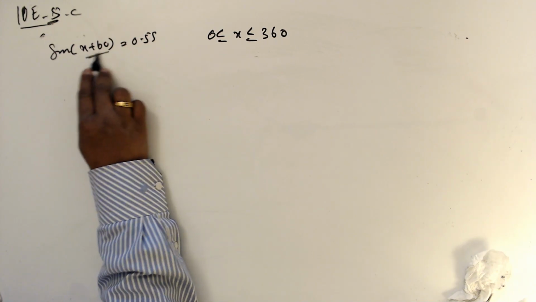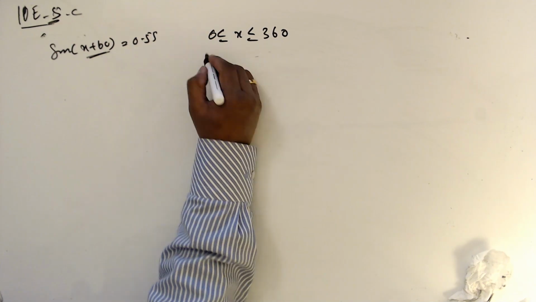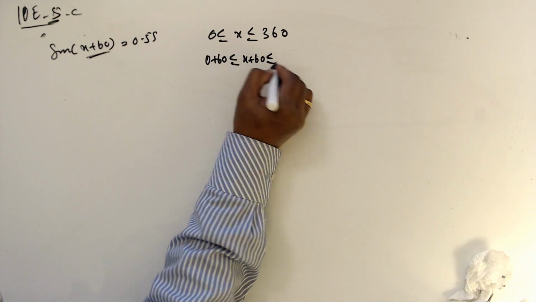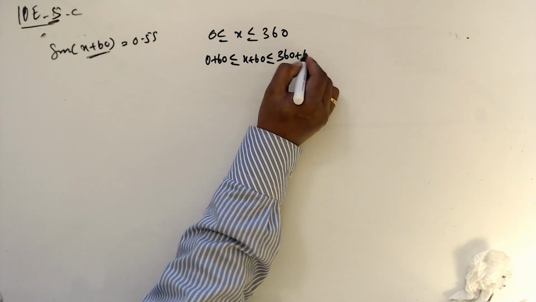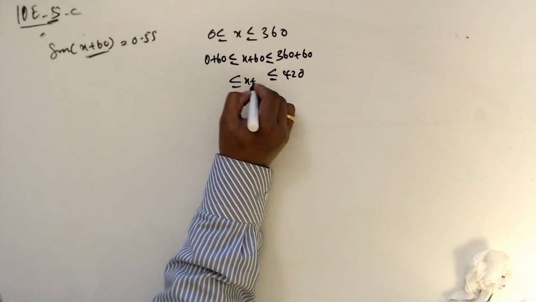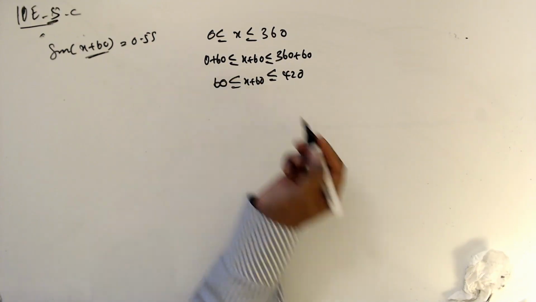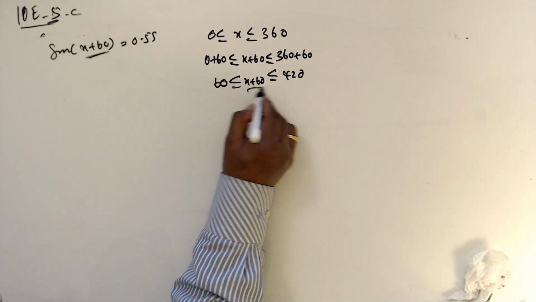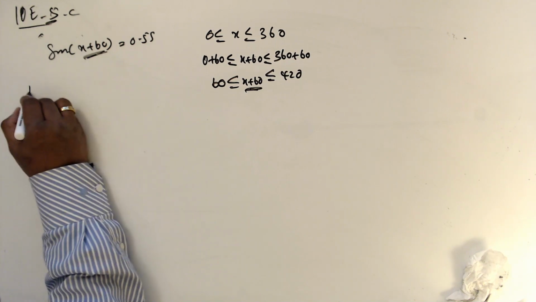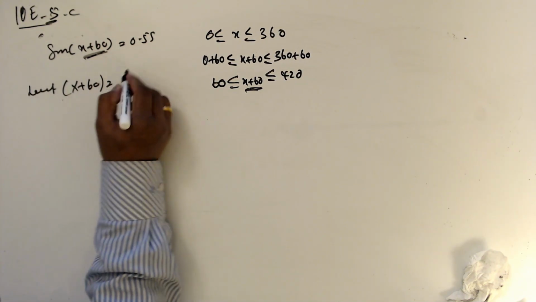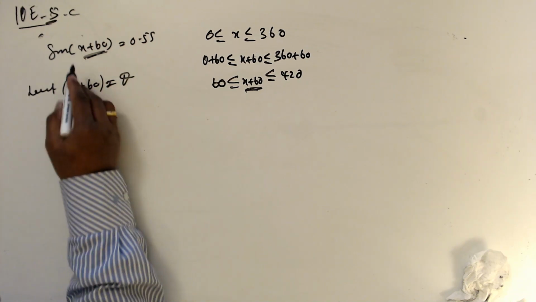So this is x plus 60 and we need to add 60. So this is 420, this is x plus 60 and this is 60. Now I made both same. So let x plus 60 equal theta.